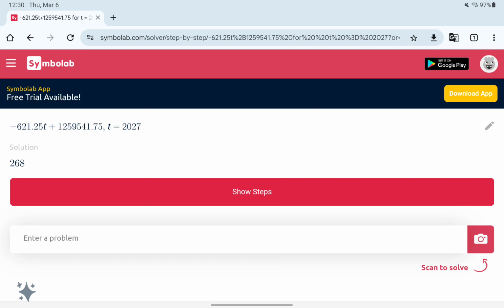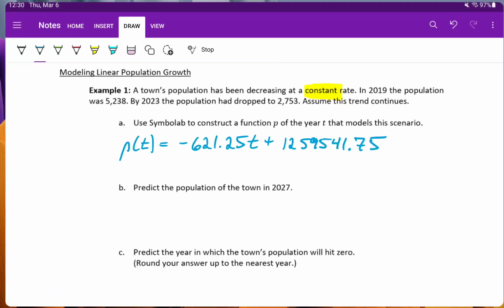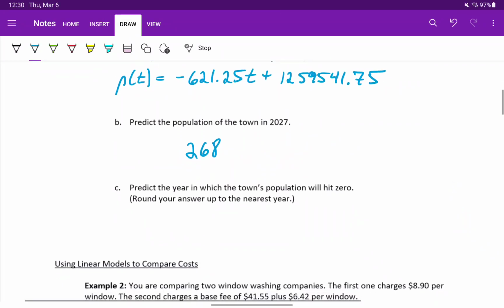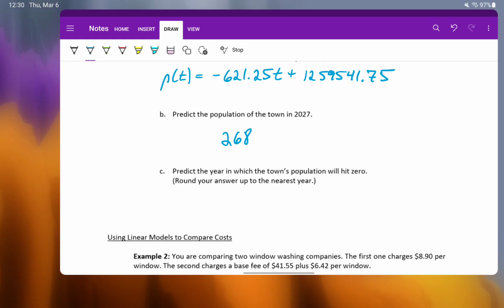And we get a value of 268. Meaning that in the year 2027, if this model holds, the population of the town would be equal to 268 people.